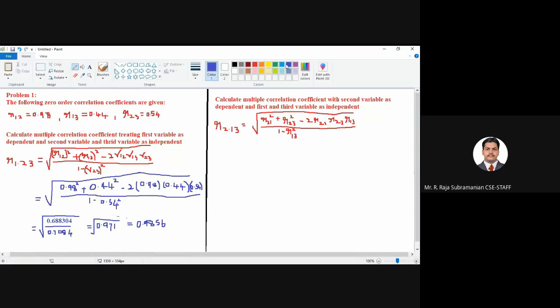We already have it. We have R12 given in the problem. We need R21, both are symmetric.